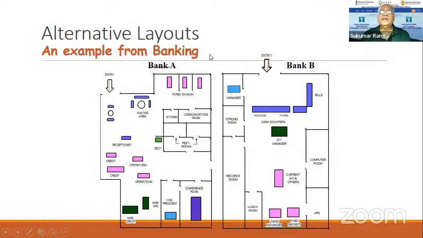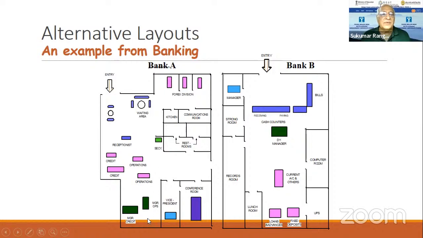Then this is an example given in a bank, because we talked about a bank, right? In bank A, you enter, there is a waiting area. Then there are different departments. There is a foreign exchange department. Immediately there is a receptionist who attends to you. And then the credit section, then the operations area.